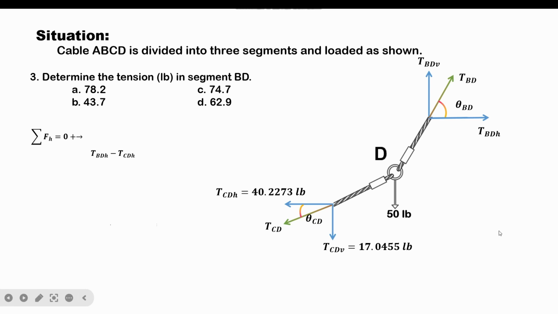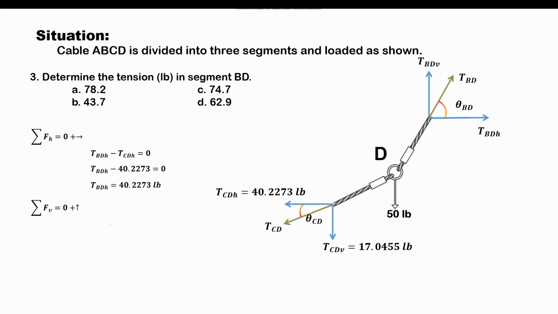If you look at joint D, there are no more horizontal forces involved in this equation, so this equation will be equal to 0. So let's substitute the values of the known variables: TBDH minus the value of TCDH, which is 40.2273. So basically, the horizontal component of tension BD would be 40.2273 pounds. Now, let's take the summation of forces along the vertical direction, considering forces acting upward to be positive.